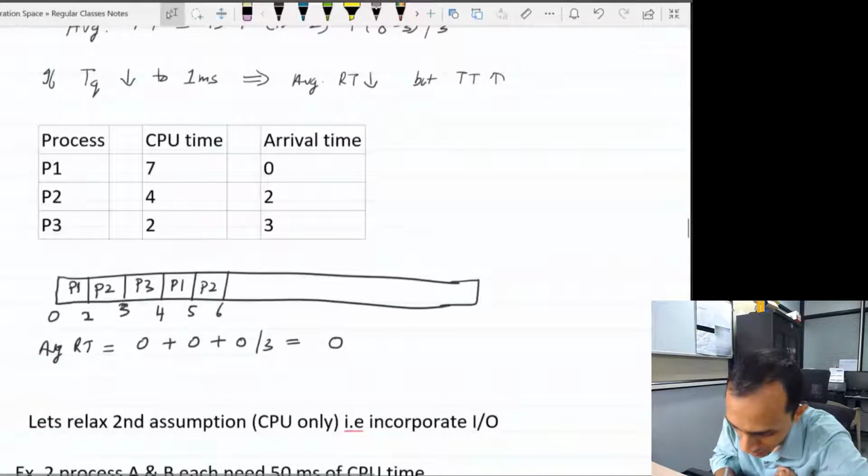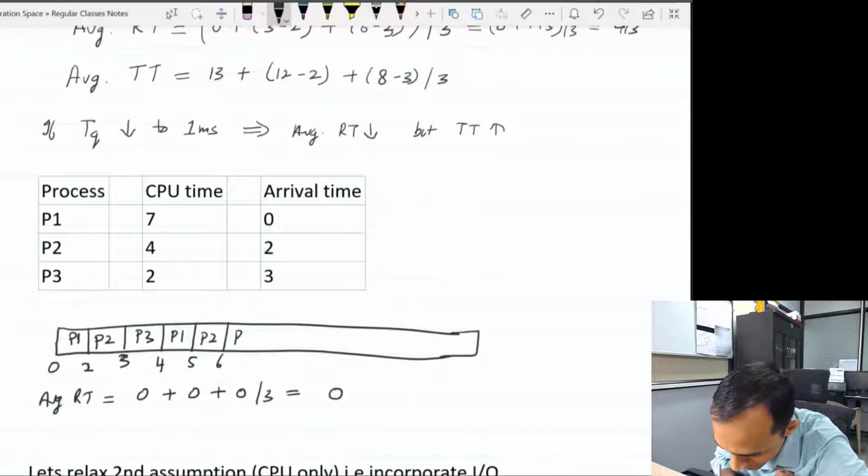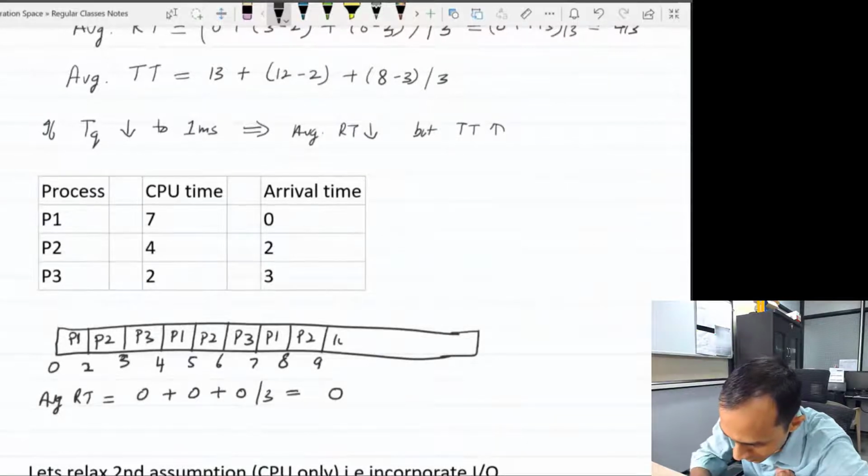And if you see the turnaround time now, after P2 then P3 will come, then again P1 will come, then again P2 has run for 1, 2, so again P2 will run, then again P1 will run.